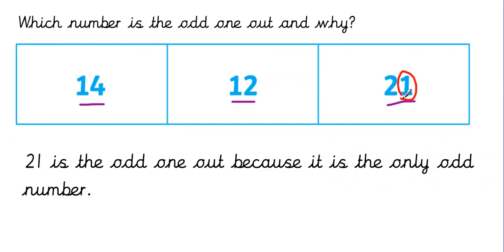Okay, and 1 is an odd number. Regardless of the fact that it's got a 2 there, it ends in a 1. This one ends in a 2. And 2 is an even number. This one ends in a 4. And 4 is an even number. Okay, so that means that 21 is the odd one out because it is odd.